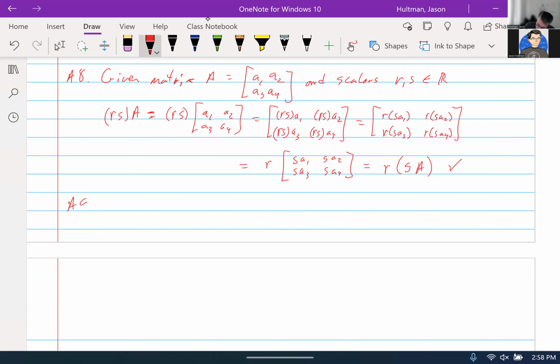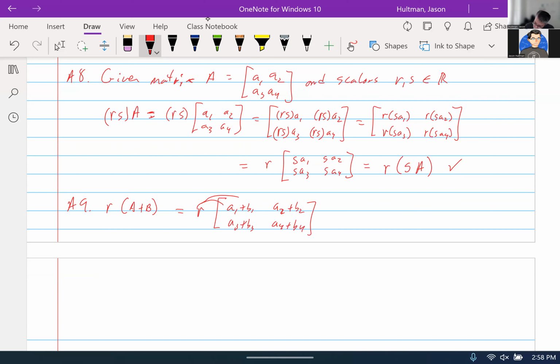Okay, A9. R times A plus B. Is that equal to RA plus RB? So let's show that. So this is R times A1 plus B1, A2 plus B2, A3 plus B3, and A4 plus B4.